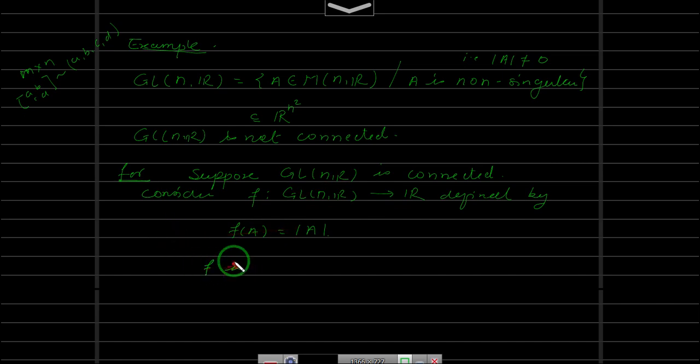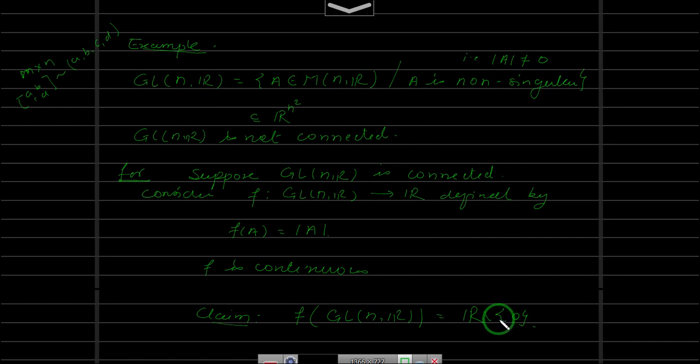Then we can prove the claim that f of the domain, that is your range set, is nothing but all the real numbers except 0. Because none of the matrices here will be mapped to 0, since we are taking all those matrices whose determinant is not equal to 0. So it will be a non-zero element, so the range is R with 0 removed.